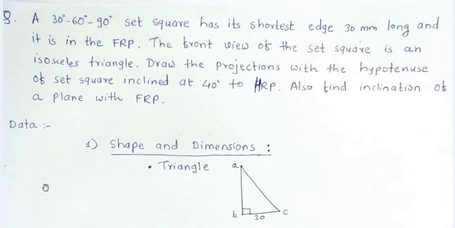The second complication: while completing a condition, the inclination of the plane with the reference plane will not be given directly in terms of angle. Instead, what would be given is the shape of the view after that inclination.